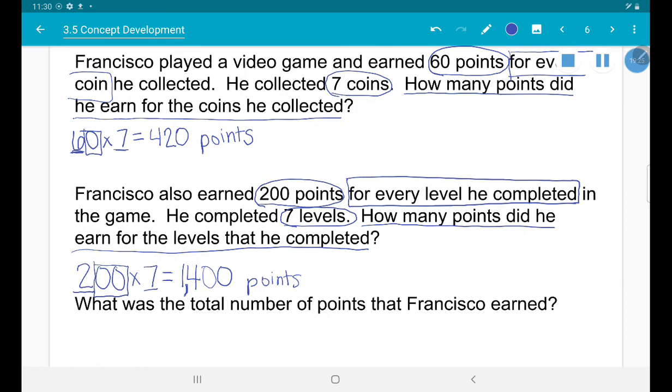And then the last question says, what was the total number of points that Francisco earned? Well, if he earned 420 for earning coins and another 1,400 for completing the levels, we're going to add 420 plus 1,400, and that equals 1,820 points.